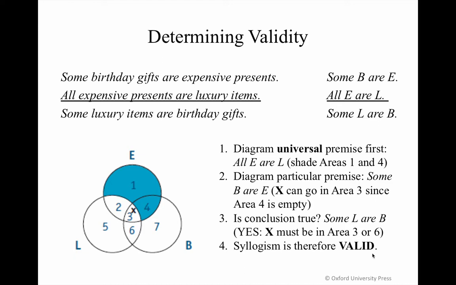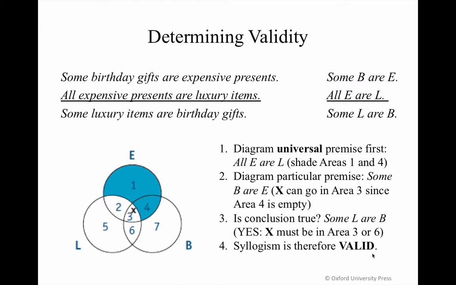Next, some B are E. That's our major premise, but since it's a particular claim in an argument that includes a universal claim, we diagram it secondly. Some B are E. Notice where the X is. It's in area 3. Why? Because area 4 is unavailable.